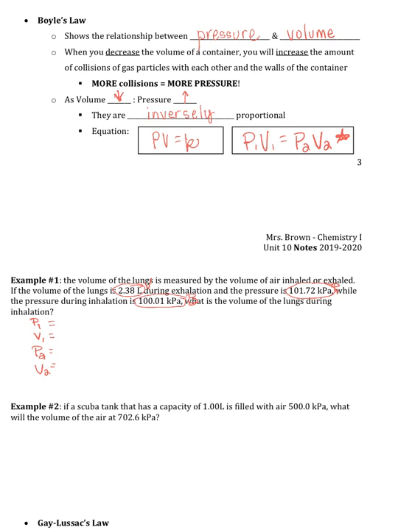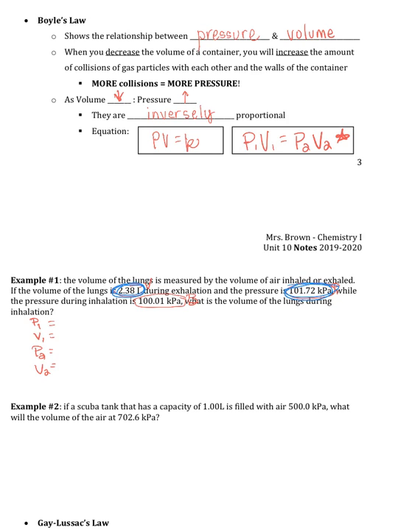When you have two pressures, you know one is going to be P1 and the other one would then be P2. And since I can read, I know that it says if the volume of the lungs is 2.38 liters during exhalation, and the pressure is 101.72 kPa, I know that this and this value go together.